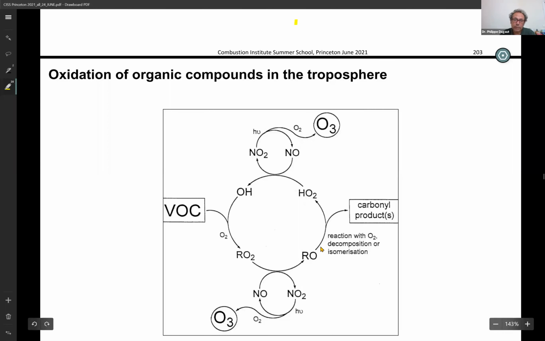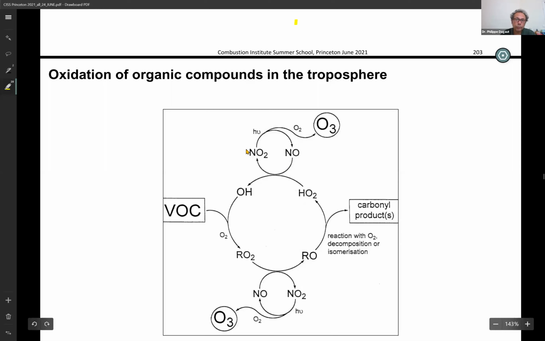This alkoxy radical can react through decomposition, isomerization, or reaction with O2 to produce carbonyl products. If they react with O2, they will produce HO2, and the HO2 will interact with NO. We've seen this reaction just recently: NO plus HO2 gives NO2 plus OH.